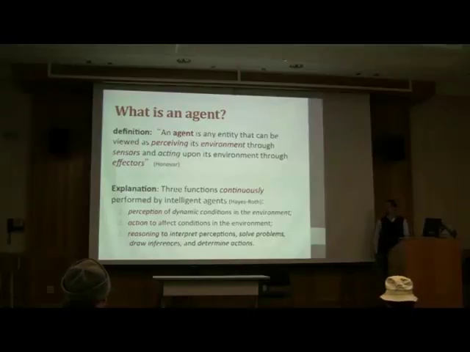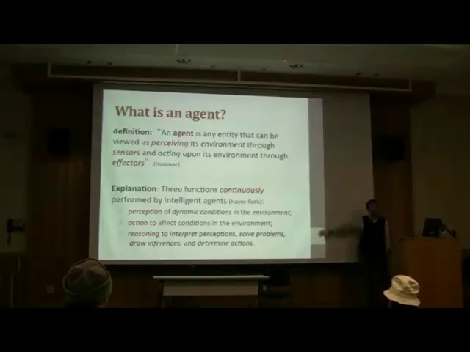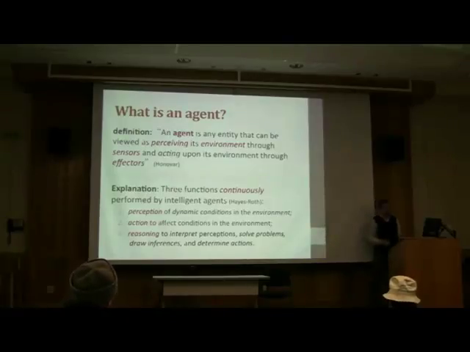Actions to affect the conditions in the environment, and then reasoning to interpret perceptions, solve problems, draw inferences, and determine actions. And of course, the third part, as a computer scientist, is the algorithmic part, and that's the part that I'm really studying. What is the decision-making process of the individual agents? And how do the individual decisions result in the emergent behavior of the system as a whole?